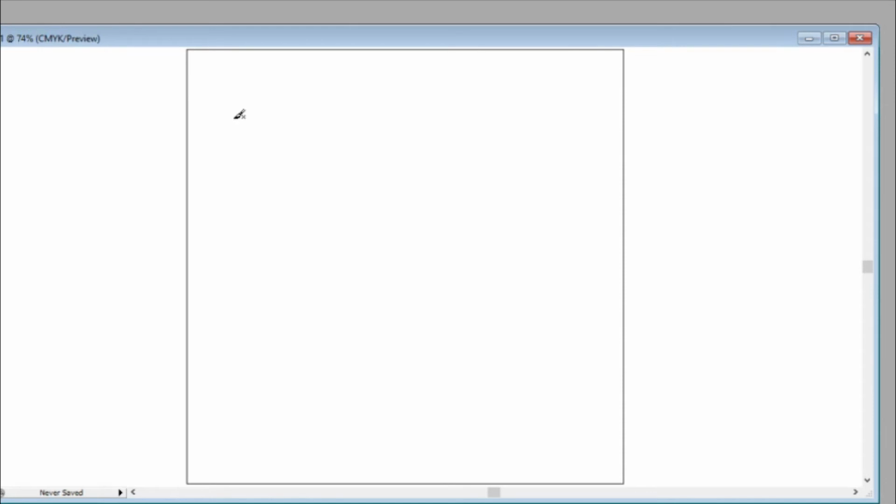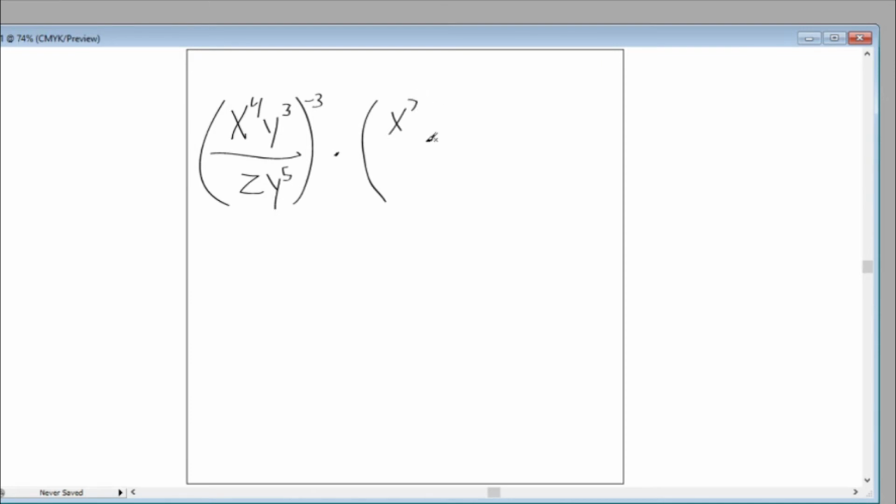I'll have x to the fourth, y to the third, over z, raised to the negative third, times, I meant to put a y over here, y to the fifth, x to the seventh, y to the fifth, z to the fourth, all over x to the second, z, and then this thing raised to the second.